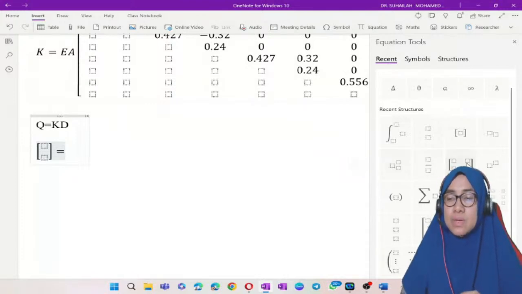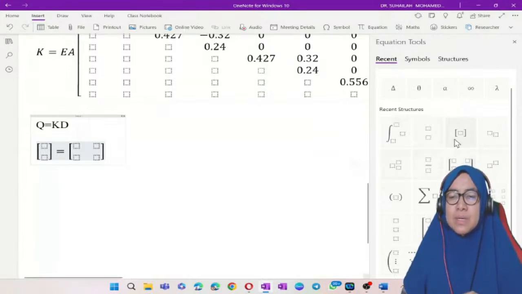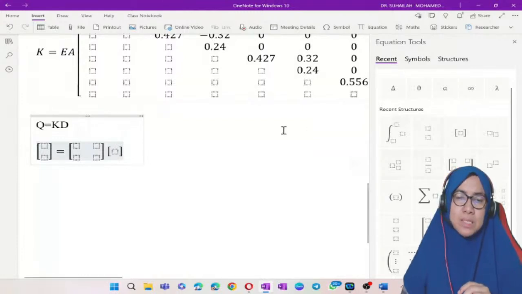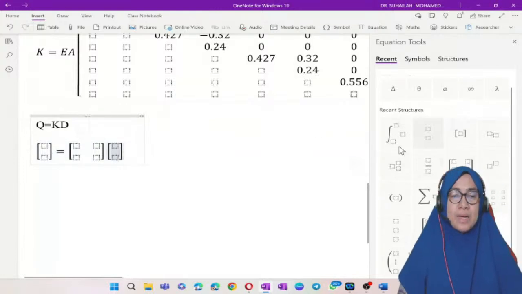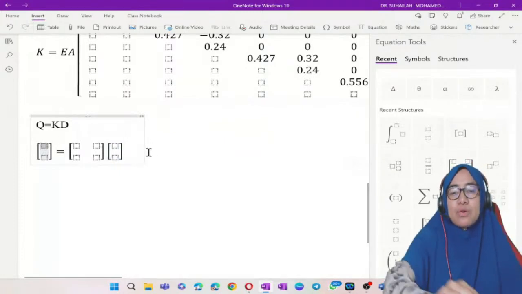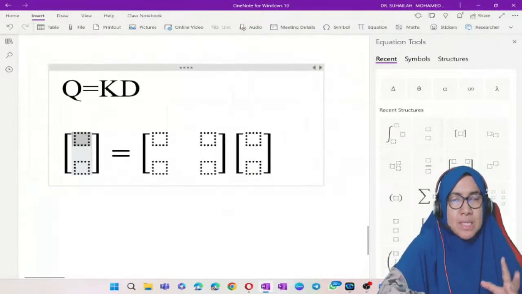For displacement under the unconstrained system, we consider 1 and 2 only. So we just need to produce this.